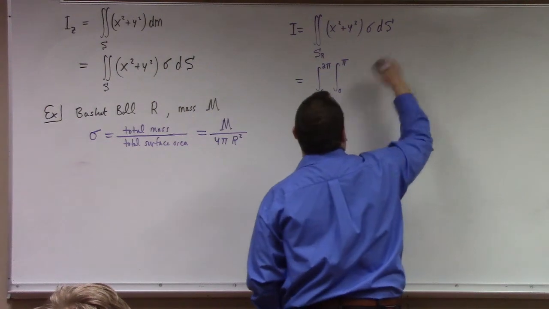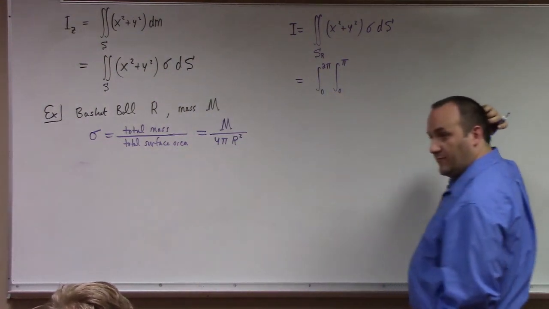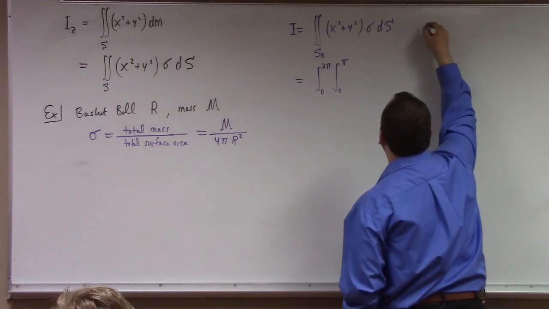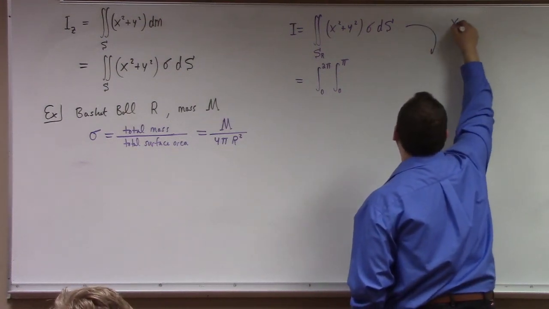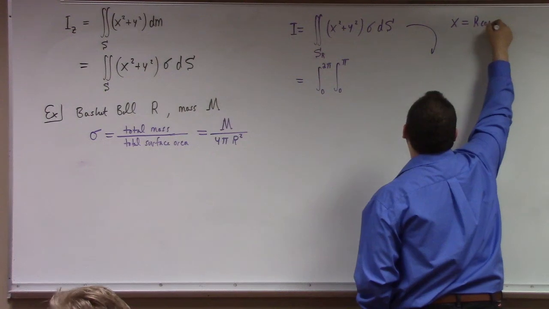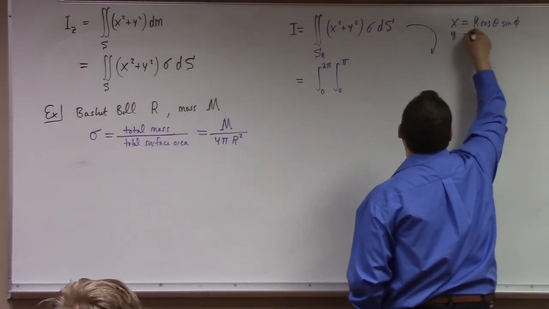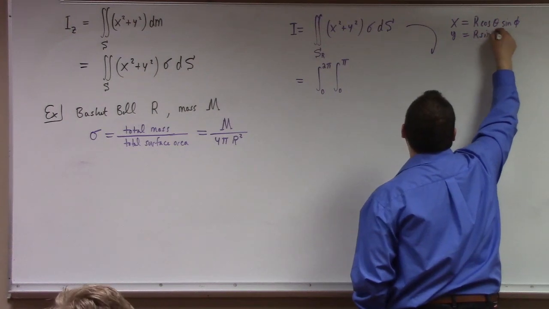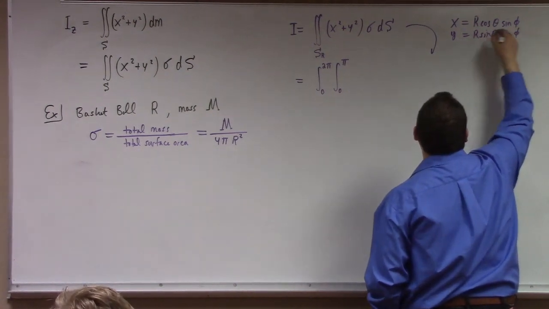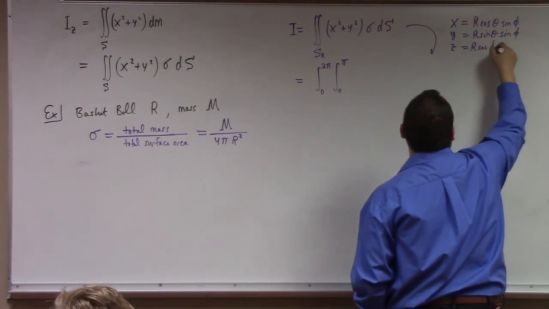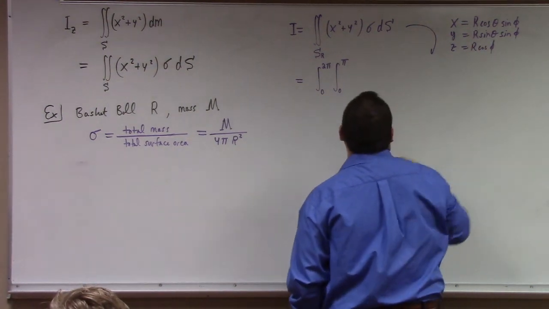And then I need to remind you what the parameterization for the sphere is that we used here. We had x equals r cosine theta sine phi, y equals r sine theta sine phi, and z equals r cosine phi. So what's x squared plus y squared?